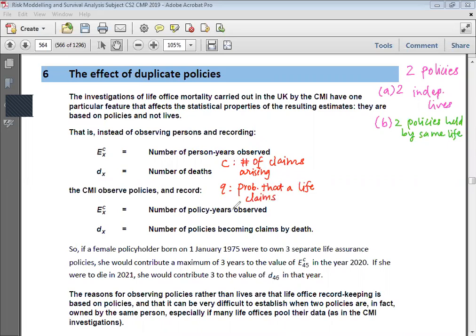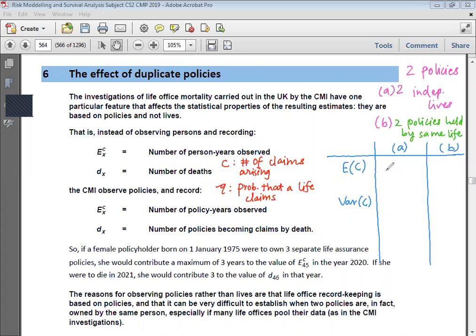Okay, so these are 2 variables that I have now defined. So now I want to figure out the expectation of C and the variance of C in 2 cases, A and B. So I have these 2 policies. Okay, and let us do it for the A case first.